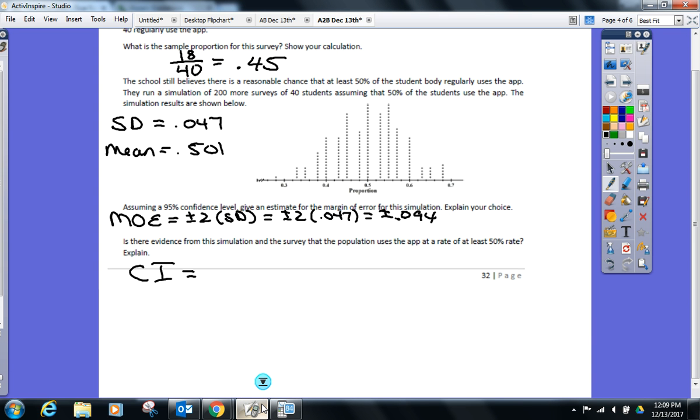What was the mean for this one? 0.501, plus or minus the margin of error we found.